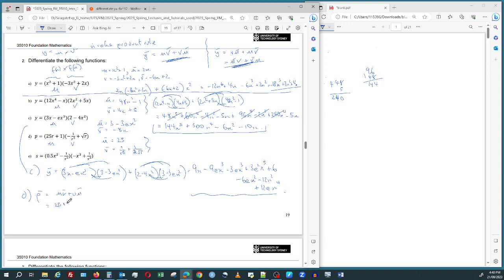25R plus 1 times 1 on R6 plus 1 over 2 root R. That's that expansion plus V minus 1 over R5 plus the square root of R times U dash, which was 25.